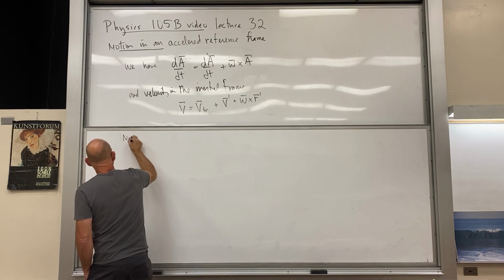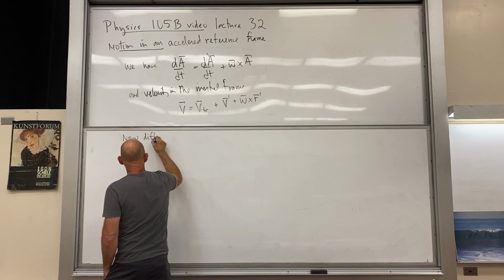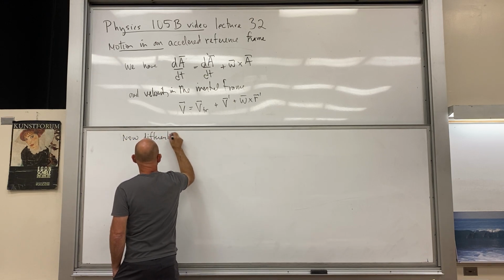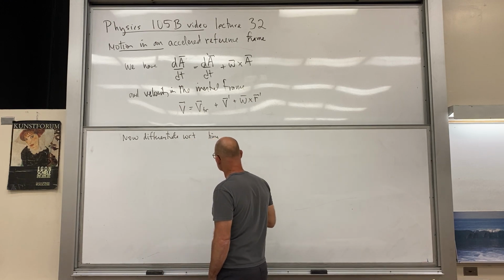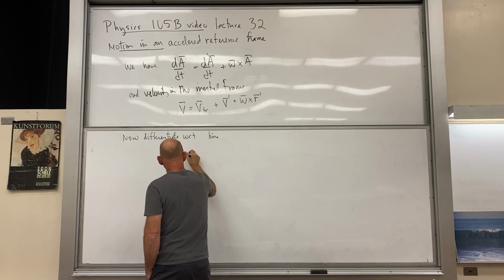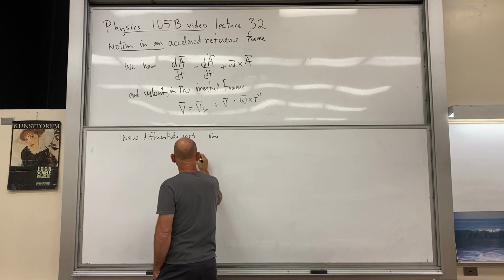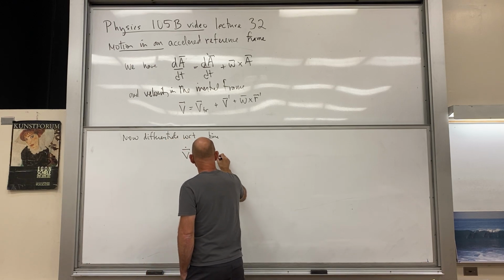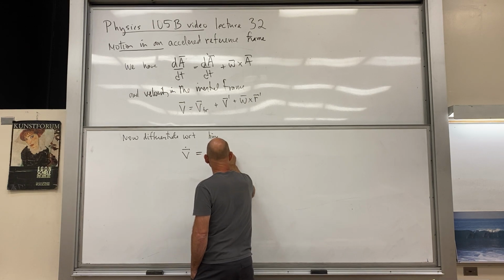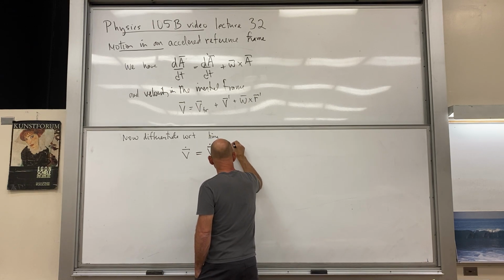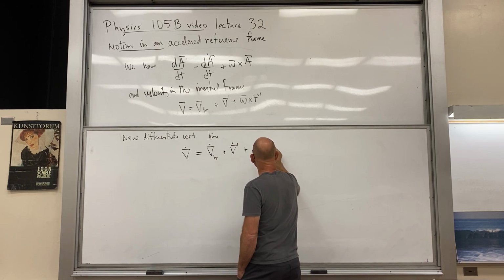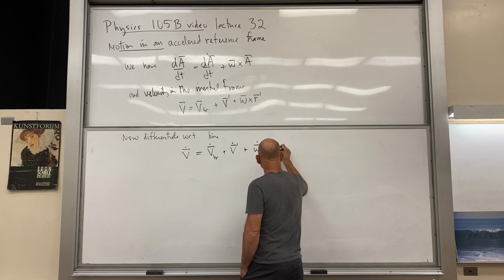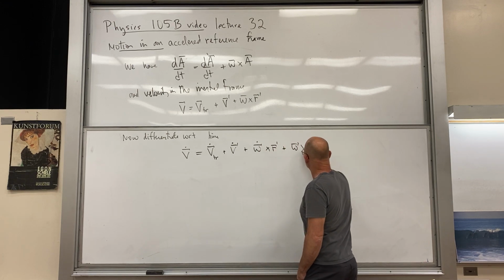So now differentiate with respect to time. So we have V dot equals V translation dot plus V prime dot plus omega dot cross R prime plus omega cross R dot.